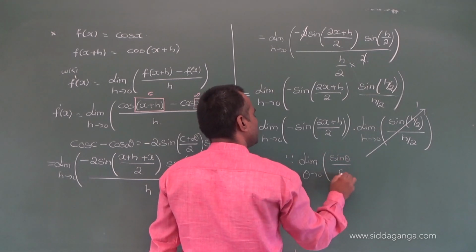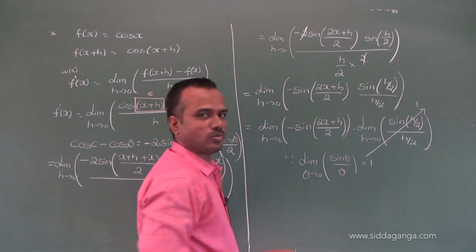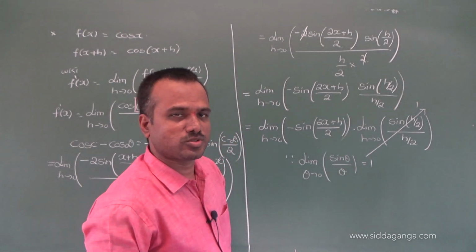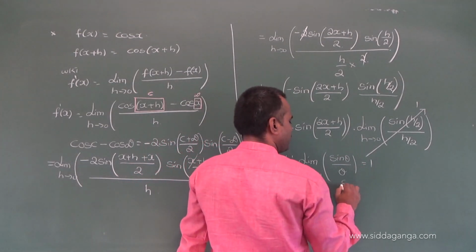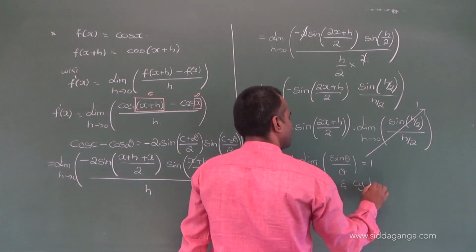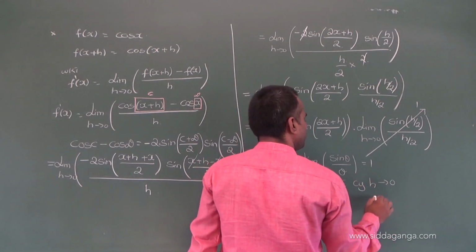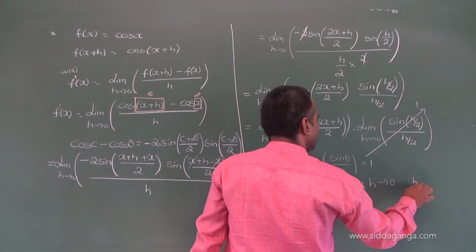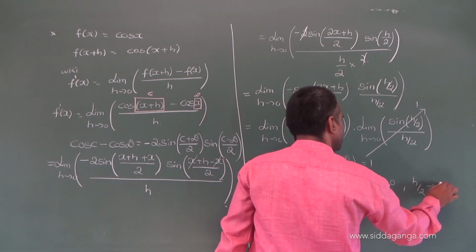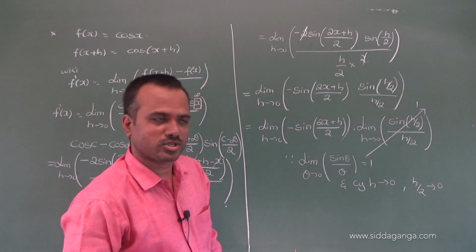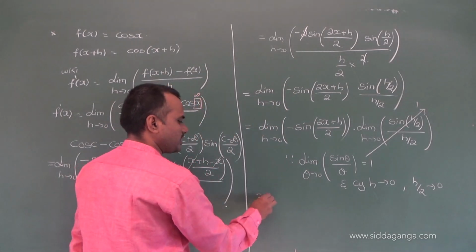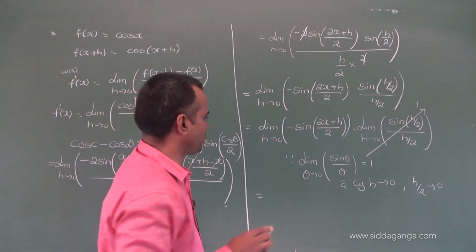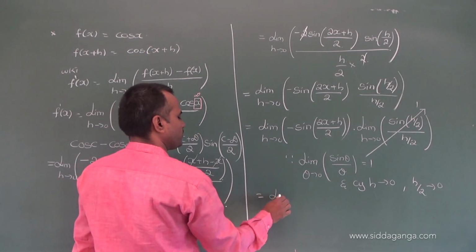Sin theta by theta is equal to 1, correct? As theta tends to 0, sin theta by theta is equal to 1. And as h tends to 0, h by 2 also tends to 0, because 0 by 2 is 0. So that is equal to the limit.